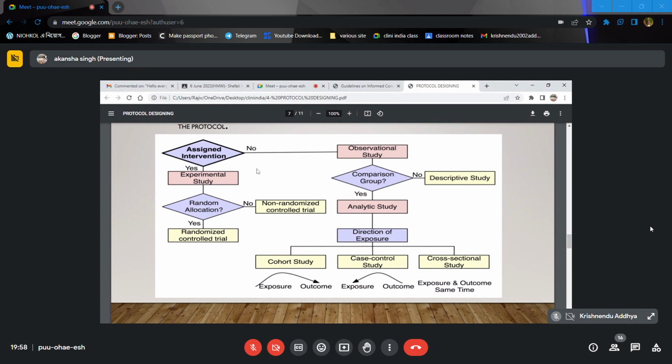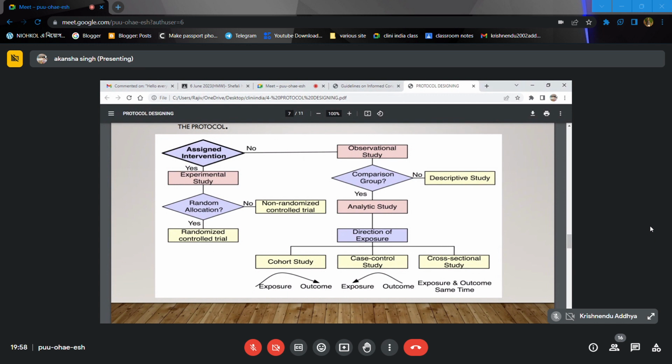Now, if it is an observational study and you have a comparison group, it becomes an analytical study. You have to decide what kind of exposure and what kind of outcome you want to study. I think we have discussed cohort study, case control, and cross-sectional.